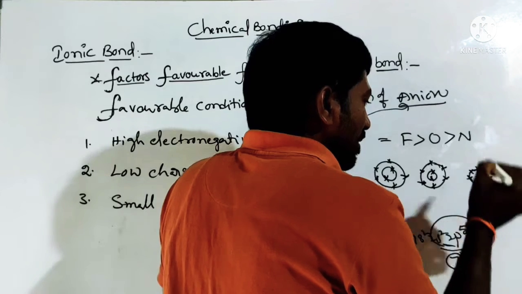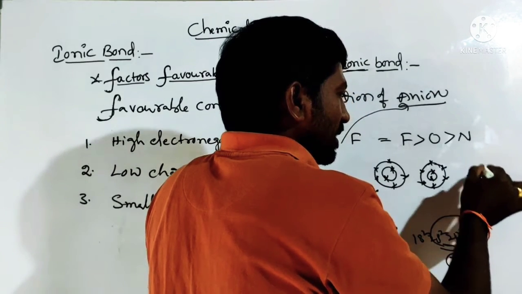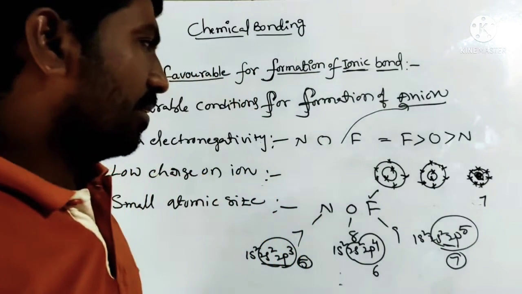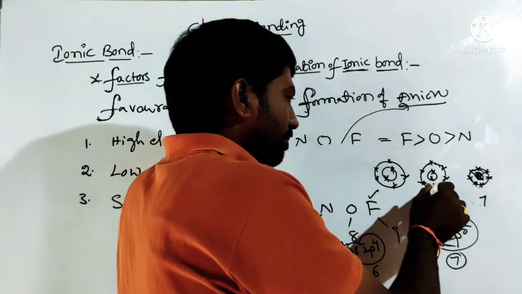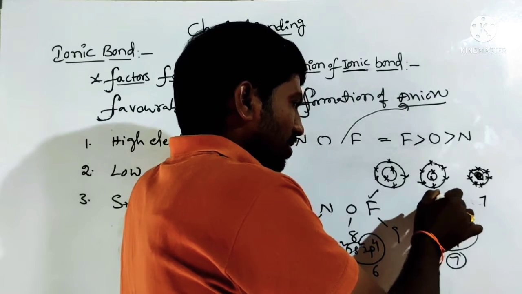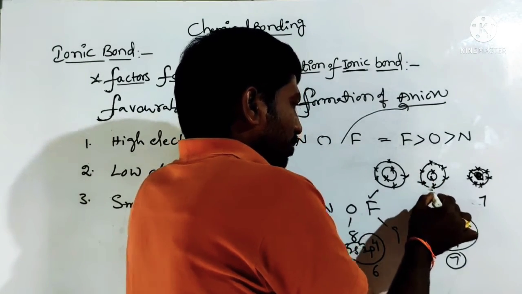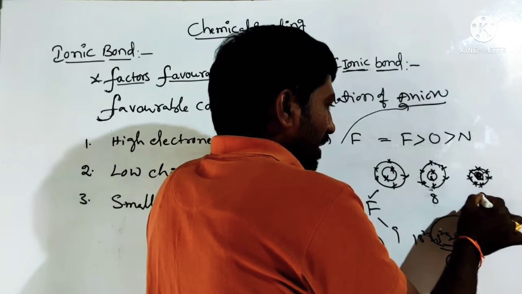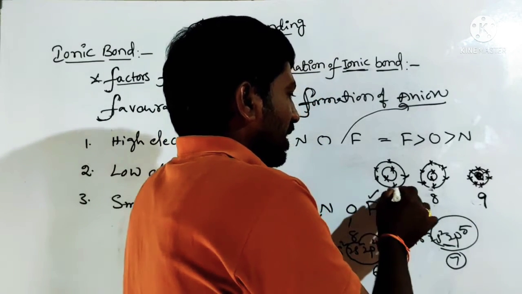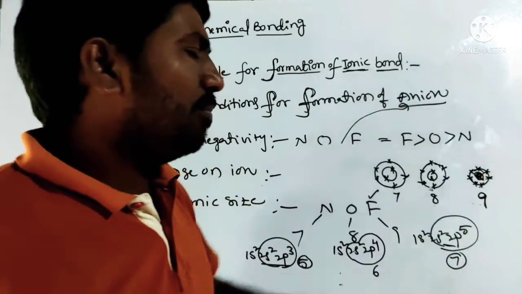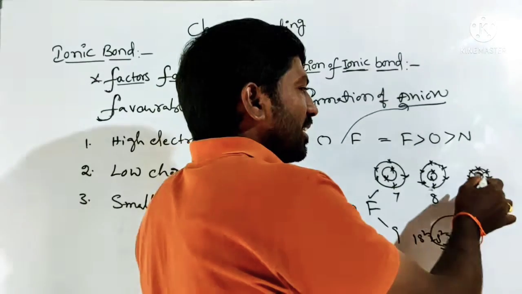Here 7 protons are inside the nucleus, in oxygen 8 protons, and here 9 protons. Atomic number is only the protons, no? That's why the concentration of protons is more here.